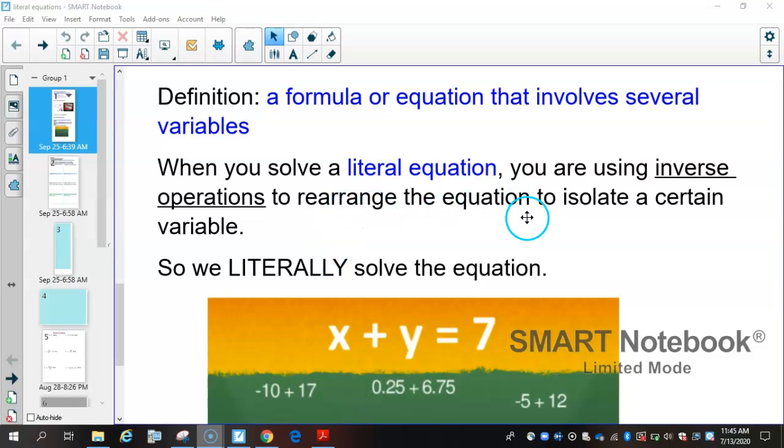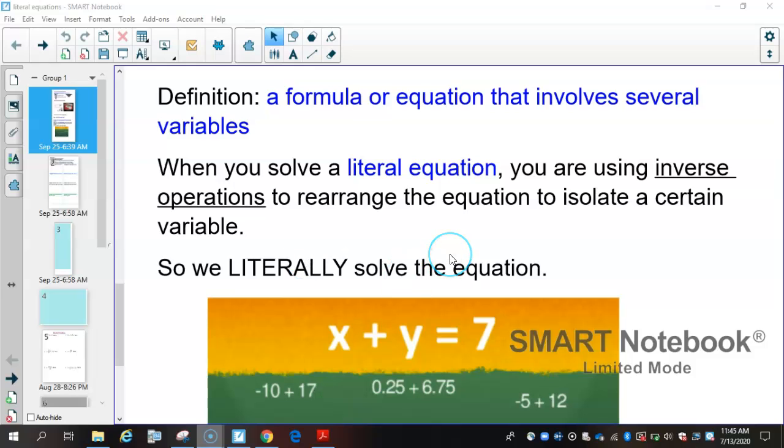To rearrange the equation, that's what we do when we're solving multi-step equations. We are rearranging to isolate a certain variable. Normally in our multi-step equations, there is one variable. We solve for that one variable, we get an answer.